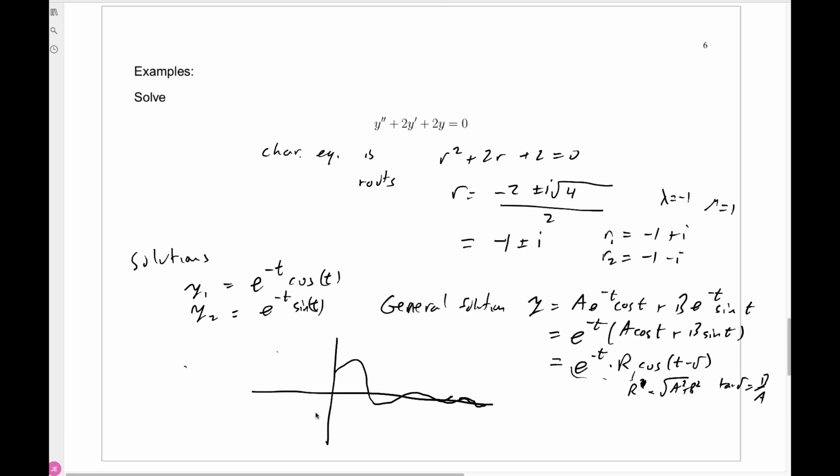And all solutions will look like this. You'll just get different phase shifts and different values for r, different amplitudes, but all solutions to this differential equation will die down like that, starting from t equals 0. This is our t-axis here, and this is our y-axis here.